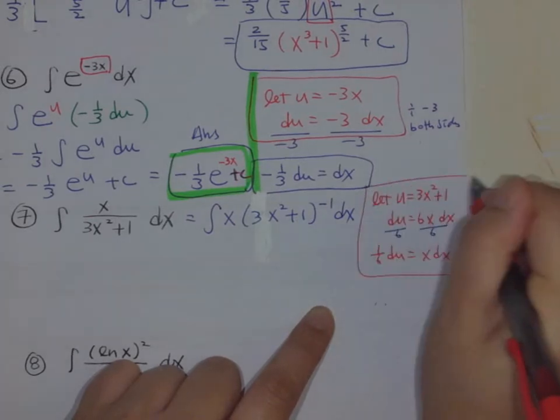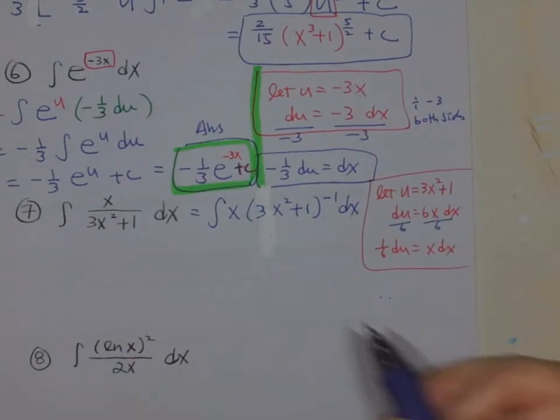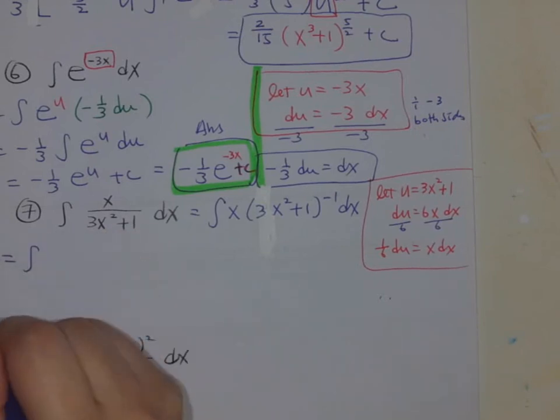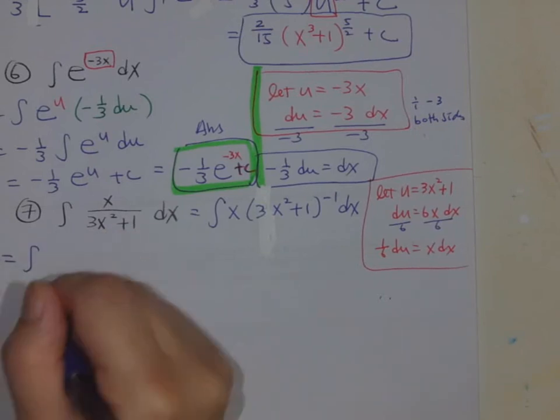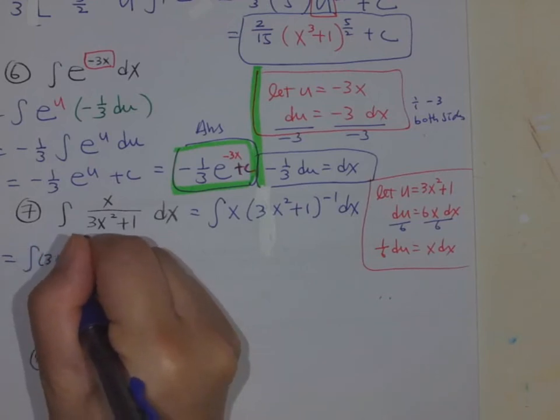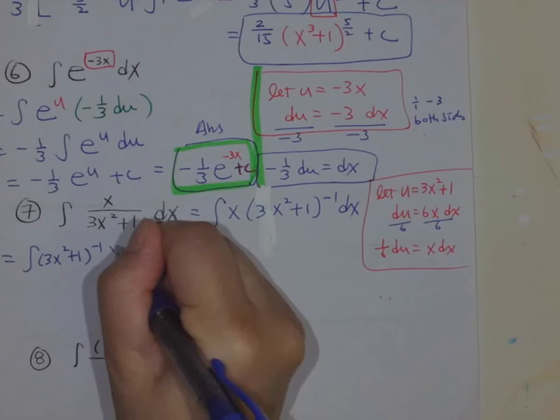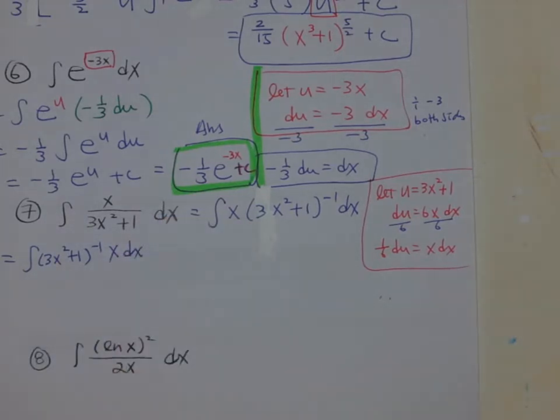So I'm going to use that, and then let's try this over here. Let me group them together first. So 3x squared plus 1 raised to negative 1, this is x dx.